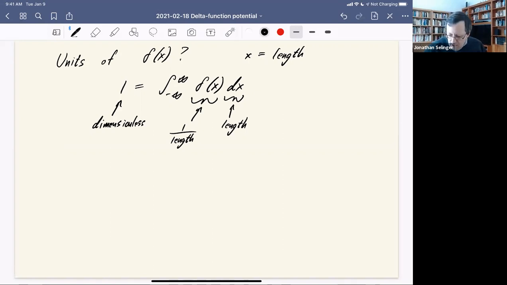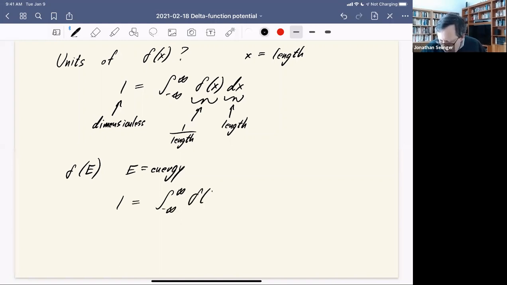So if you had delta of E, where E is an energy, then we would need to say the integral of delta of E dE is equal to 1. And so this is units of energy. This is units of 1 over energy.